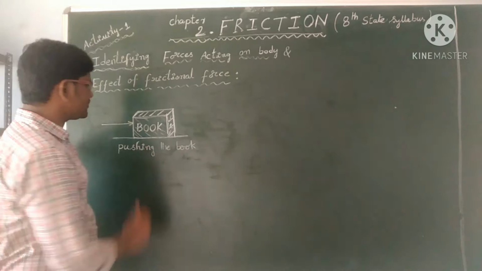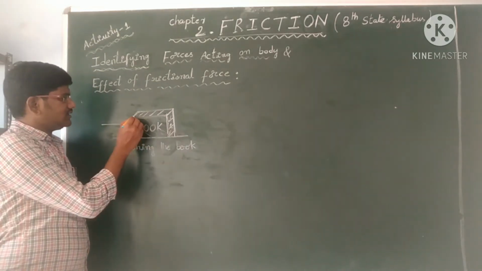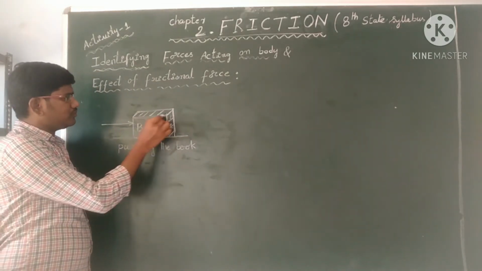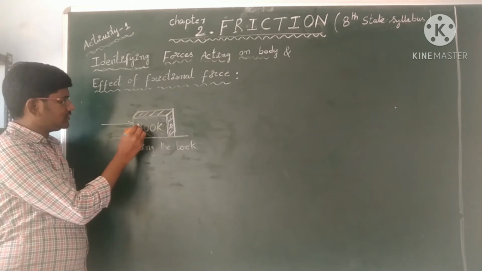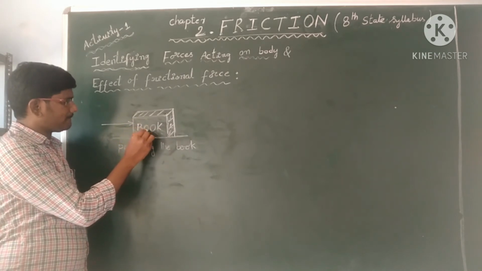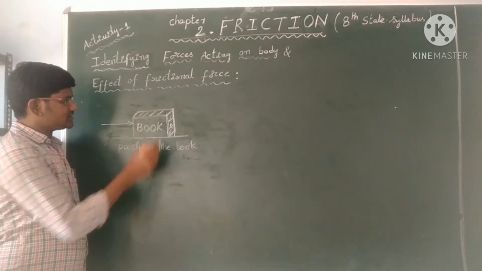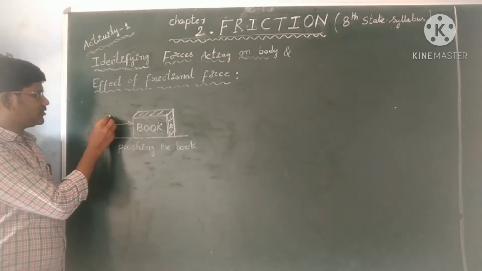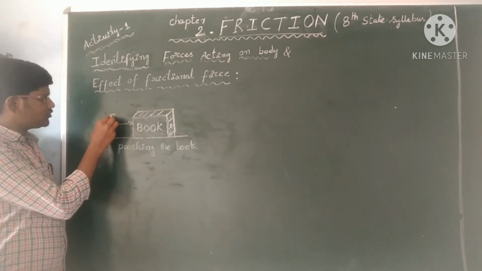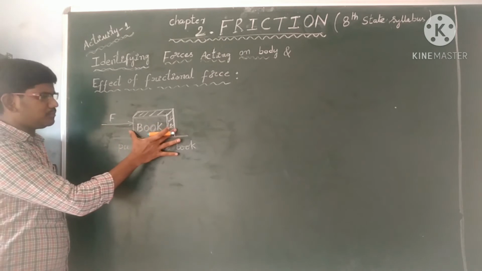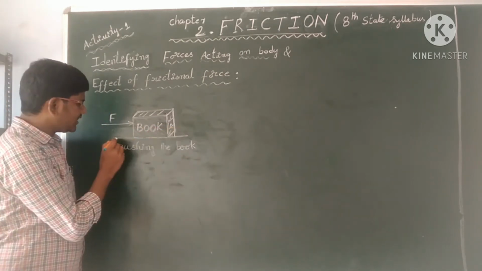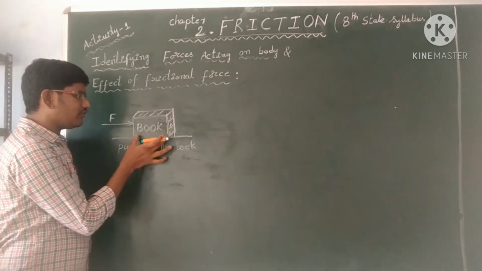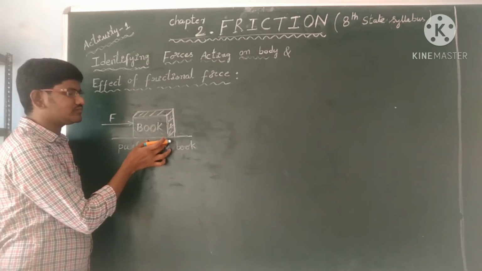Okay, so now see, gently push a book. This is a book and you just push the book. You apply some force on the book. Gently push a book lying on a horizontal floor.